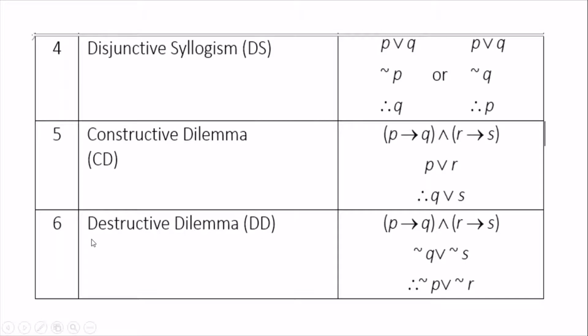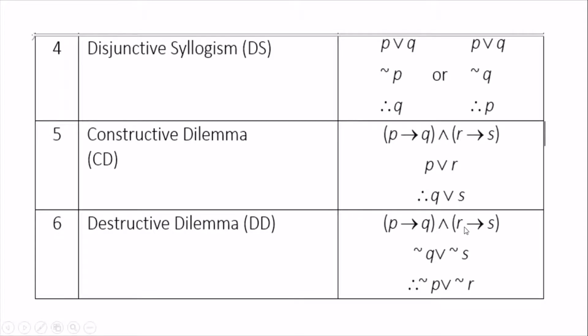Now, for the sixth rule, destructive dilemma naman. In this rule, as you notice, we have again a conjunction of two conditional statements. Pero yung second premise natin is a negation of the two consequences. Okay? If we have these two forms in the two premises, then we can infer or get a conclusion using the two antecedents naman.